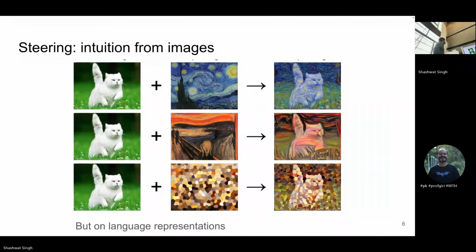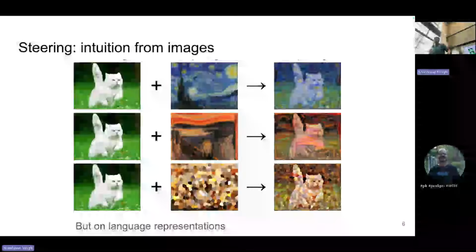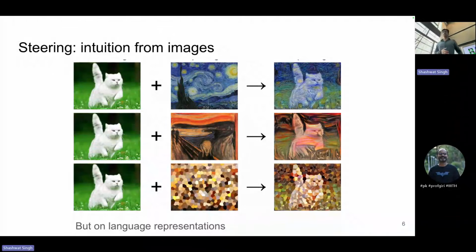This is just an intuition image, to give you an idea of where the inspiration comes from. When you have images and you are in the continuous space, you have these nice visualizable examples where you can change one attribute about the image and that changes the style or whatever else.